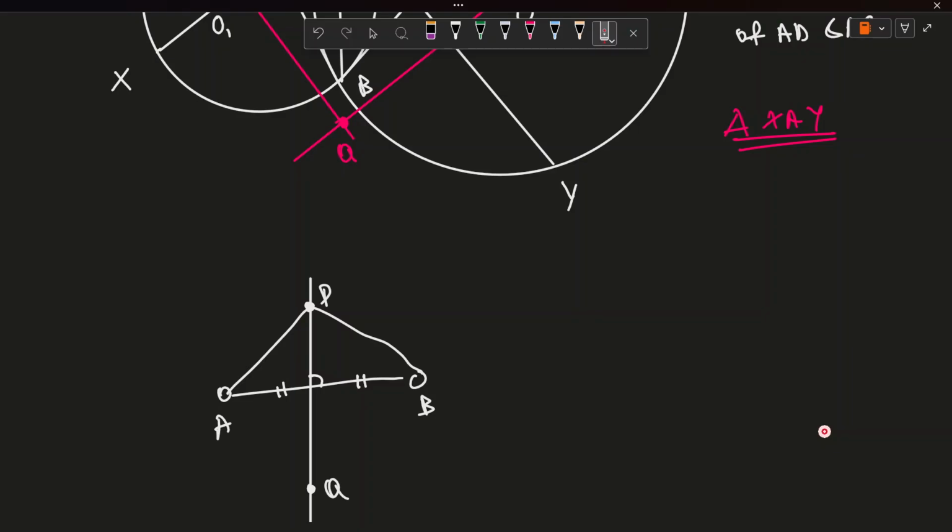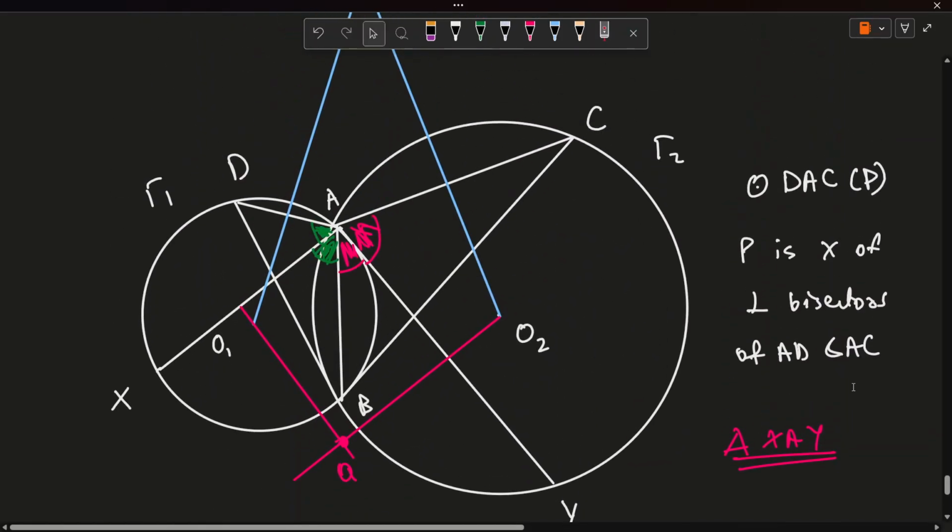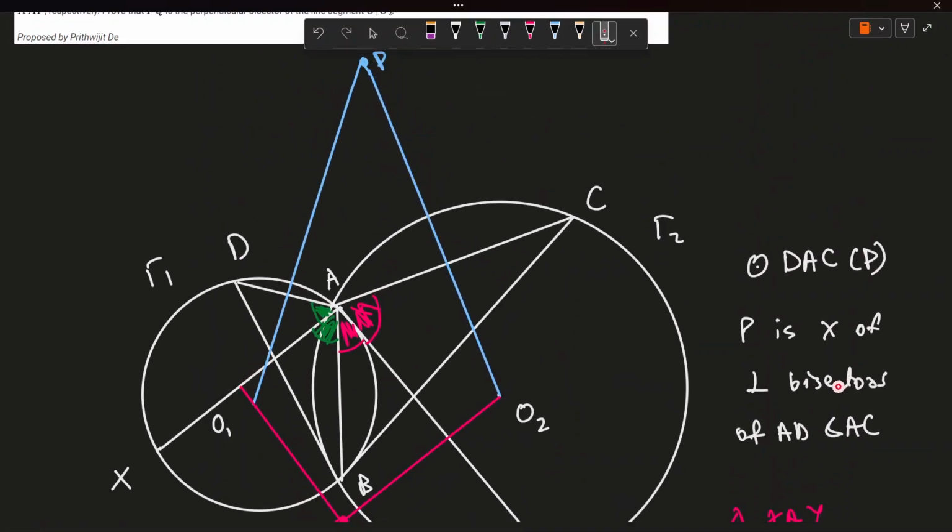Okay, so let's try to do this. We will try to prove that this is equal to this and this is equal to this. Okay, so first let's observe some things about our triangle.